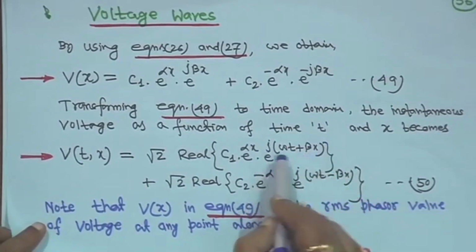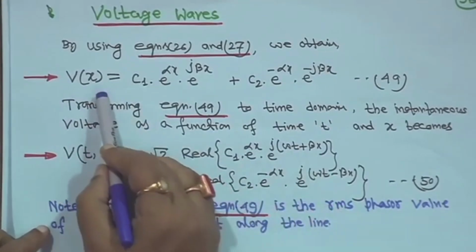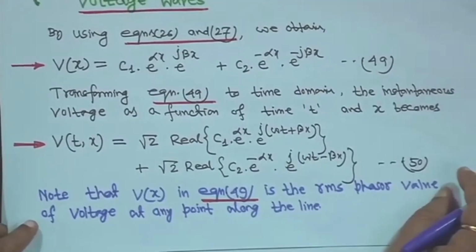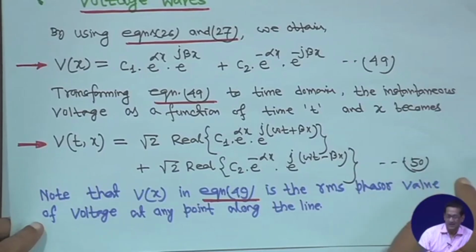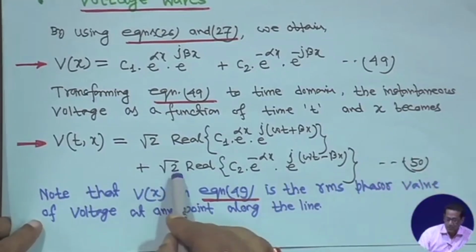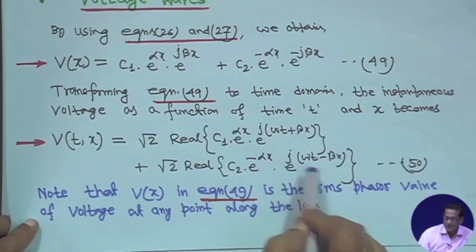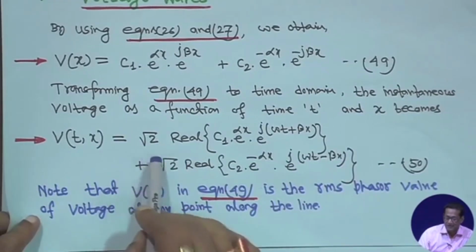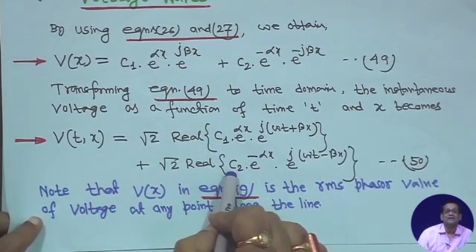Same as before, whatever you have studied in AC circuit theory, the philosophy is the same, plus root 2 real part of C 2 e to the power minus alpha x into e to the power j omega t minus beta x. So this is how we are transforming this equation into the time domain.